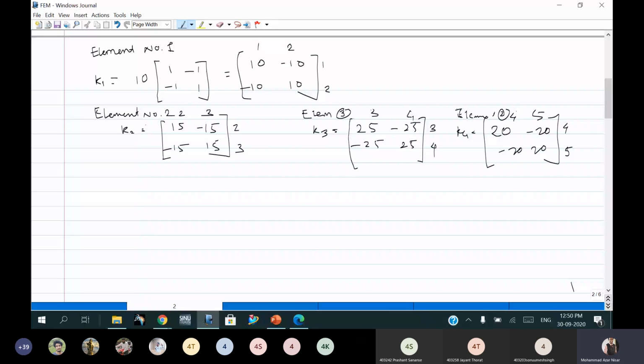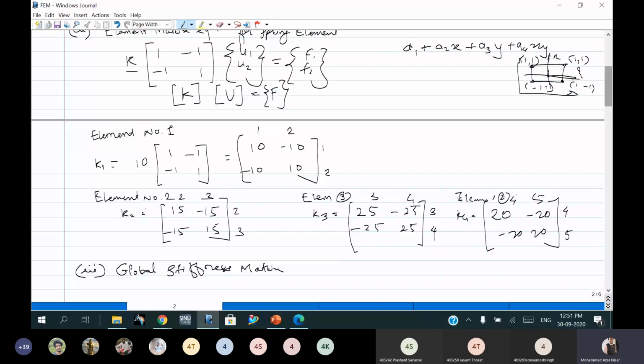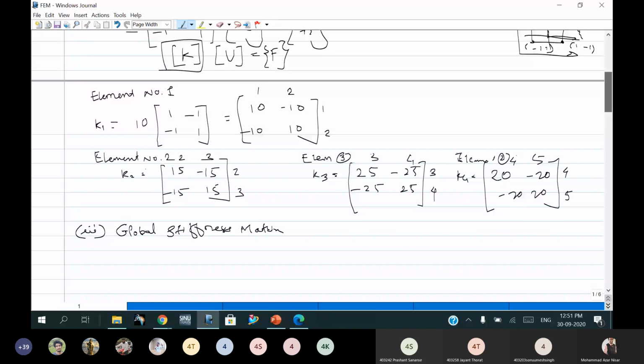Okay, now for the global stiffness matrix. The third step is the global stiffness matrix. So we are doing this to get the capital K value. For this global stiffness matrix, how many nodes are there? 5 nodes.